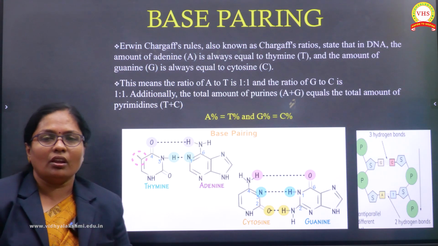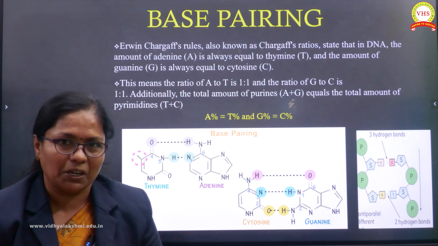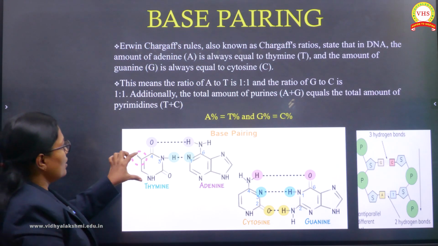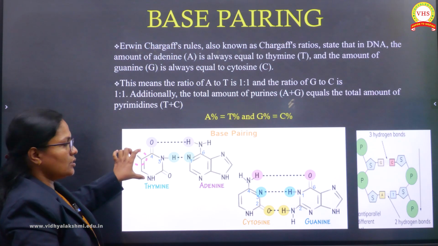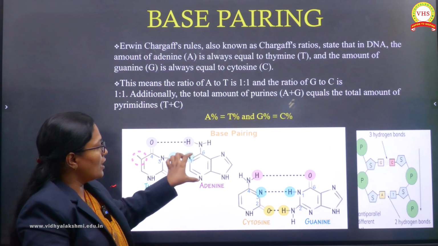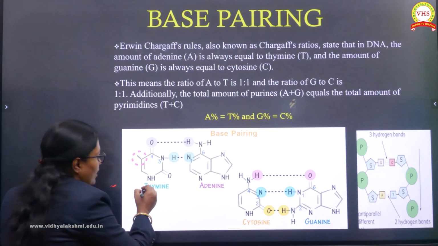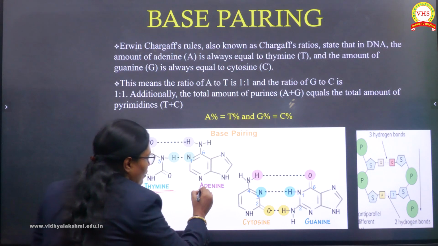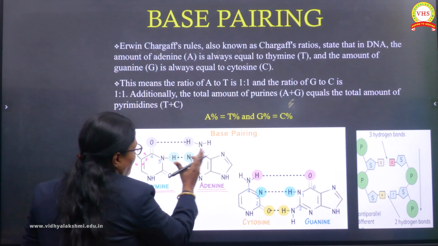Here one purine base pairs with one pyrimidine. Always a single cyclic structure base pairs with a double cyclic structure. The thymine always finds adenine for pairing.